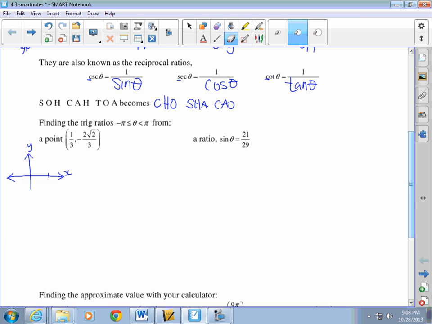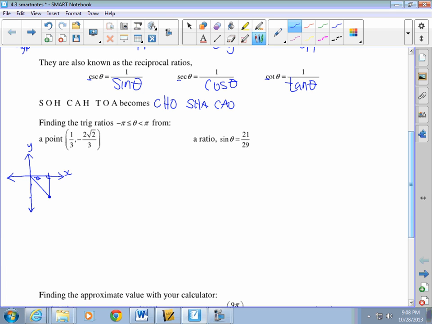I'm just going to extend this a little bit of my y-axis, so I'm going to say it's approximately there. So my point would be right here. If I were to extend this to make it into a triangle, it would look like that, and my angle theta would be right here.